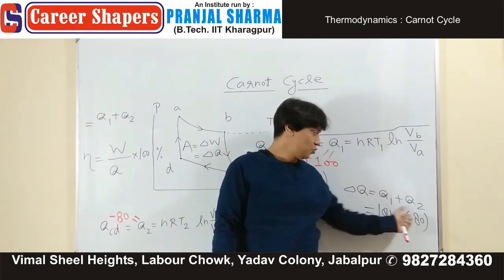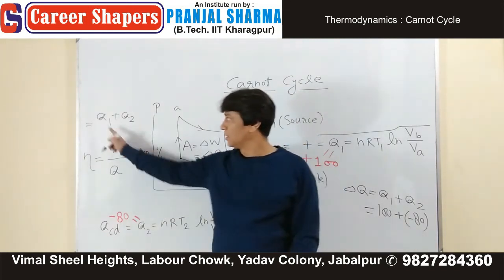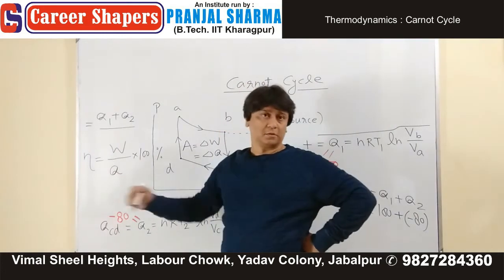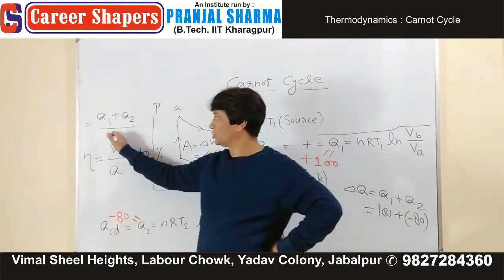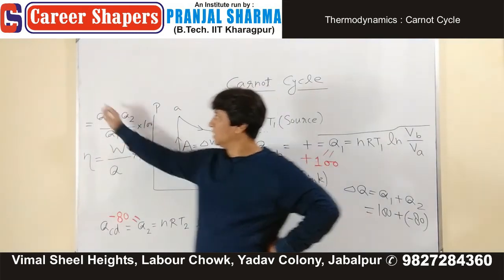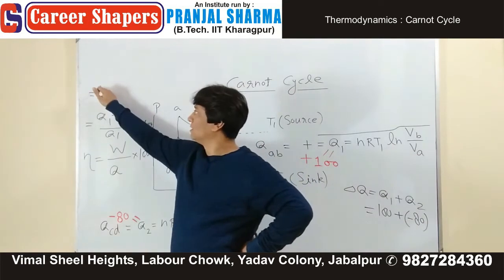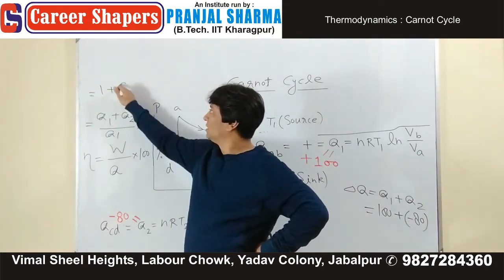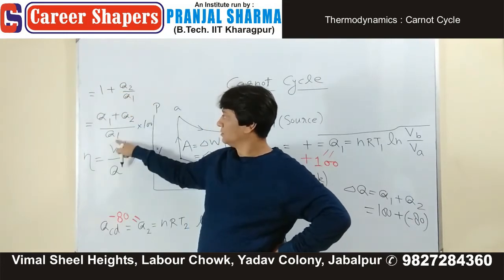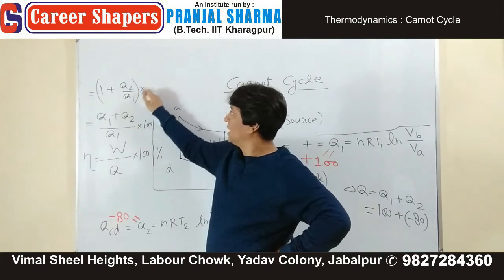This term of Q1 plus Q2 is what? 100 plus minus of 80. Q1 plus Q2 divided by the positive part of the heat, which is Q1, into 100, which is coming Q1 upon Q1, 1 plus Q2 divided by Q1, multiplied by 100.